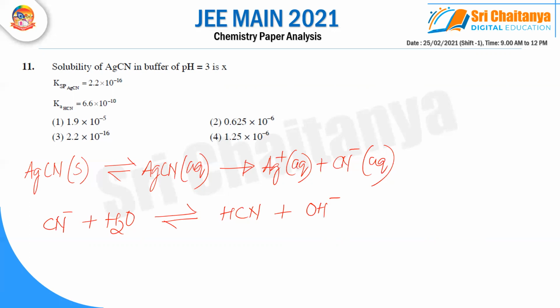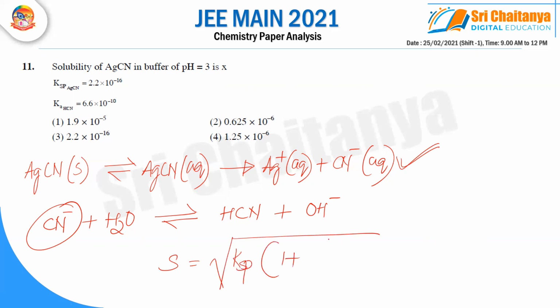So these two particular processes will occur and solubility will get affected. When the CN minus is constantly removed from this equilibrium due to hydrolysis, the solubility is improved. So the straightforward formula, we can use it here. Solubility is equal to under root Ksp times (1 plus H plus concentration divided by Ka).